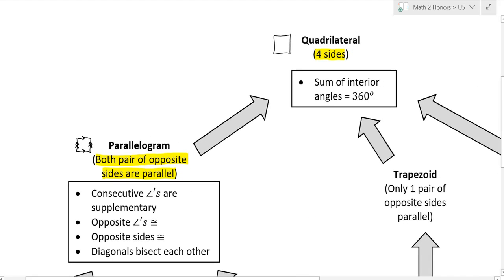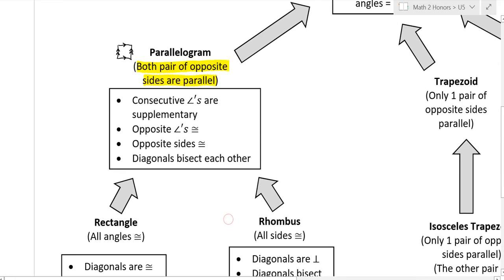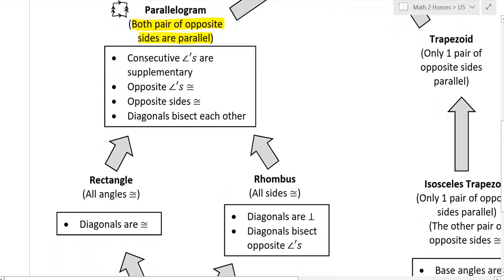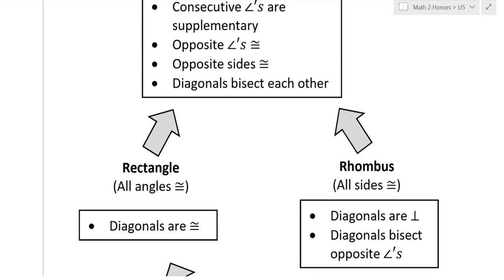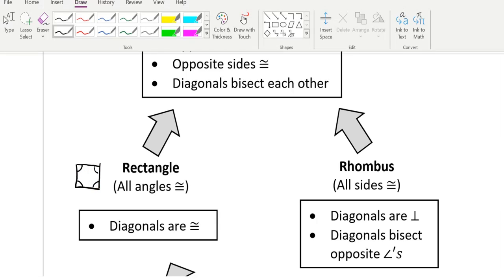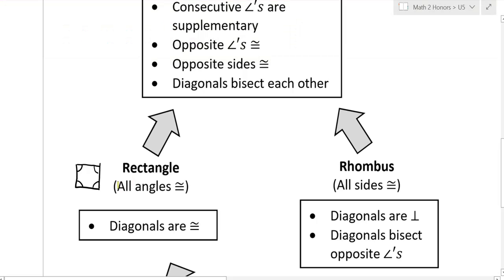There are actually two types of parallelograms out there. One is a rectangle, and by definition a rectangle is a quadrilateral, so four sides, that has all four angles congruent. Now we know that those four angles are 90 degrees, but that's not part of the definition, it's just something we can show.